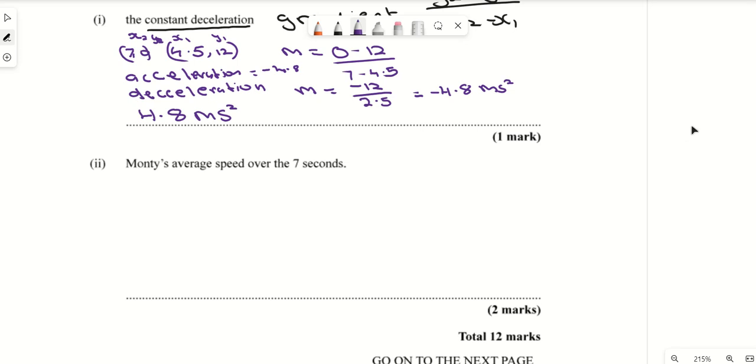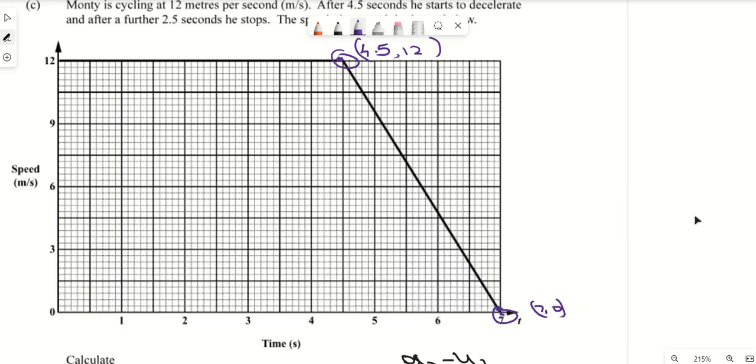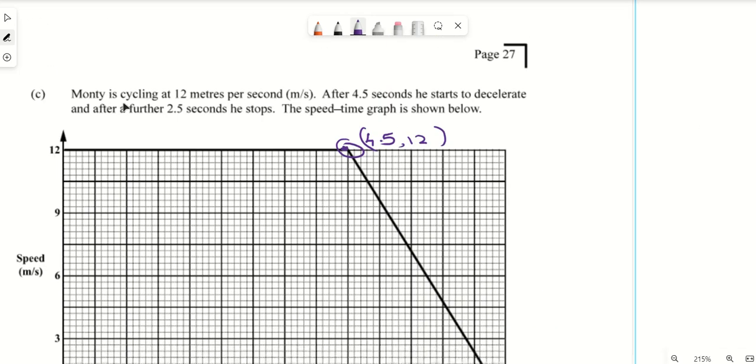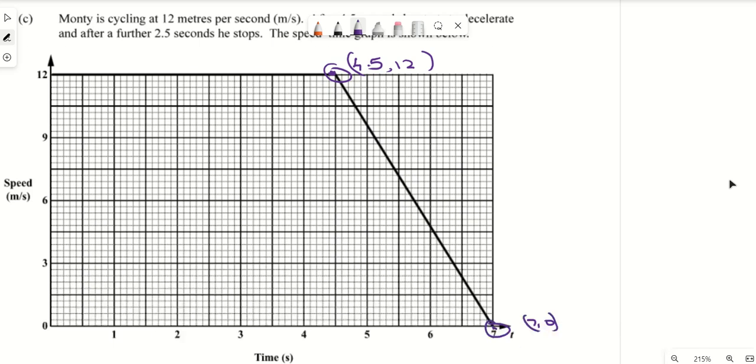Now, speed or average speed, right? Average speed is equal to distance over time, because if we look at this here, they said cycling at 12 meters per second. This here, guys, meters per second would be distance over time.